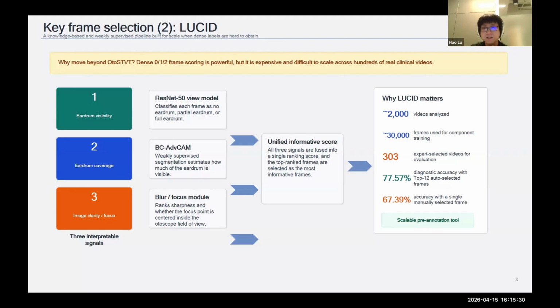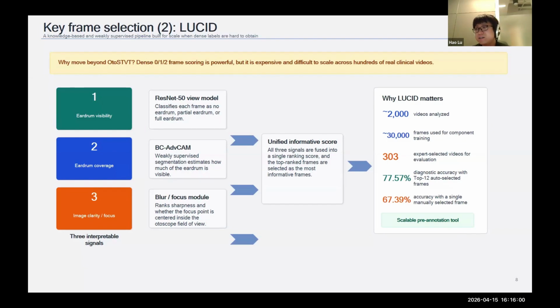We do not directly train an end-to-end model, but we find which frame contains the eardrum, and which frame is blurred or out of focus, and we also use a weakly supervised segmentation model which can detect the eardrum coverage.